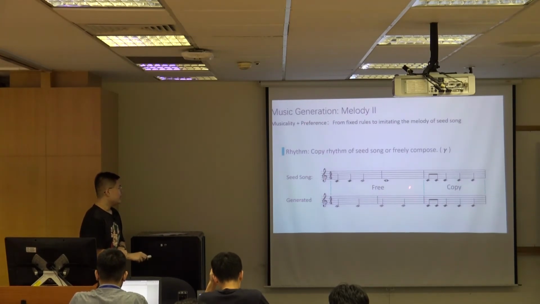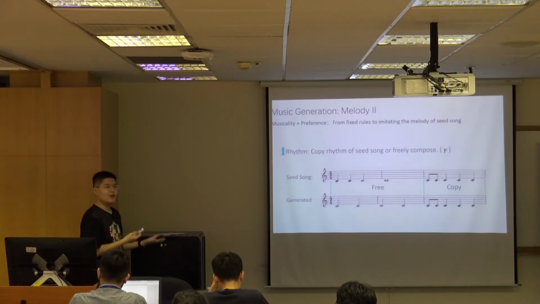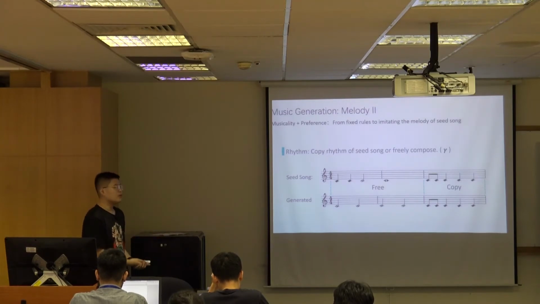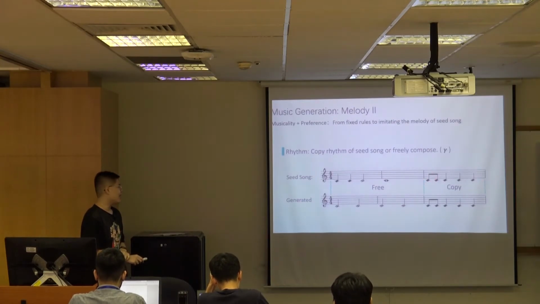So for some of the phrases in the melody, it can copy the melody rhythm from the seed song melody, and for other phrases, it may freely compose new rhythmic patterns according to music theory rules. There is a parameter gamma to control how many phrases just copy the rhythm of the seed song and how many of them are freely composed.